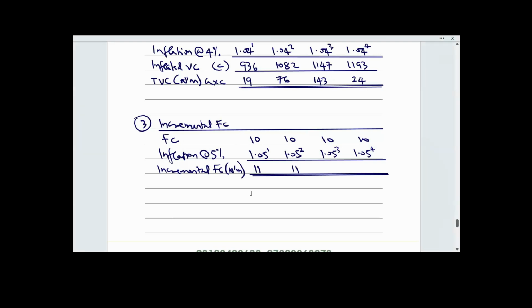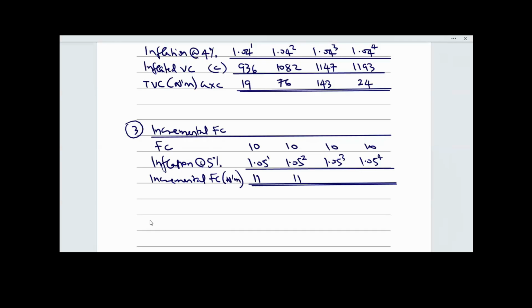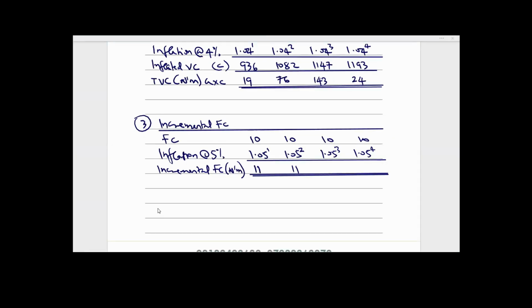Next one, 1.05 raised to power year 3 equal 1.157625 multiplied by 10 equal 11.57625, rounding 12.